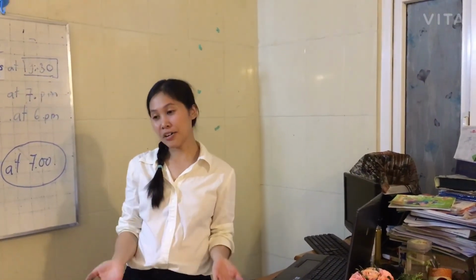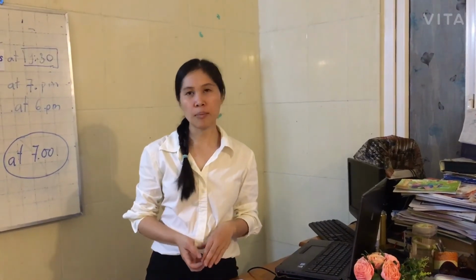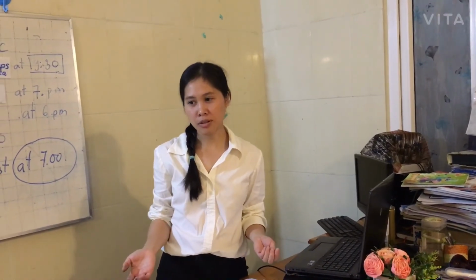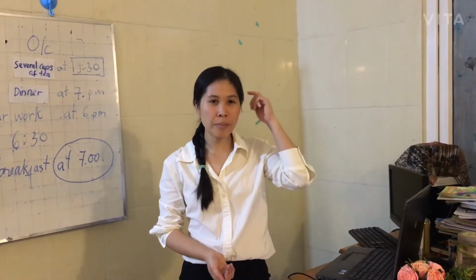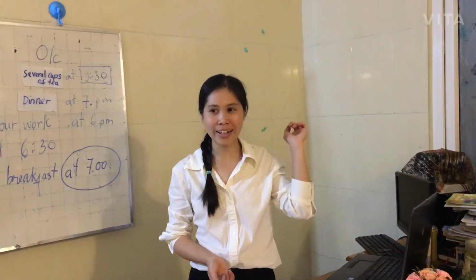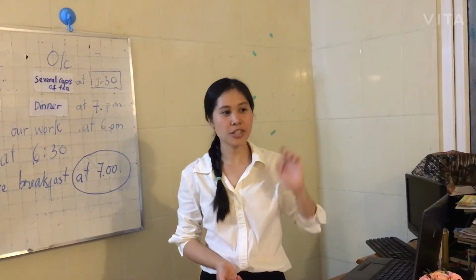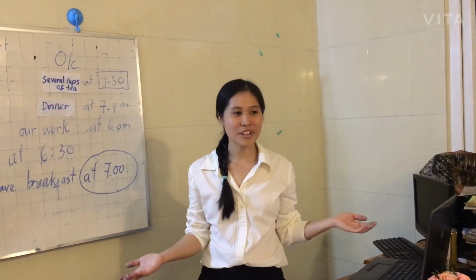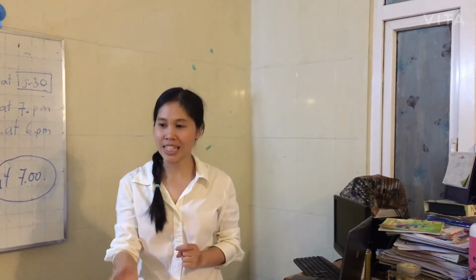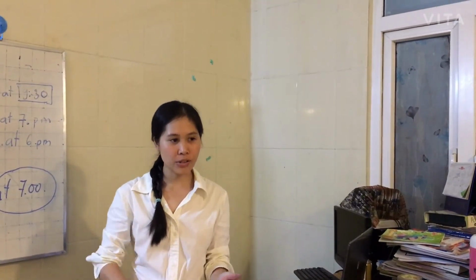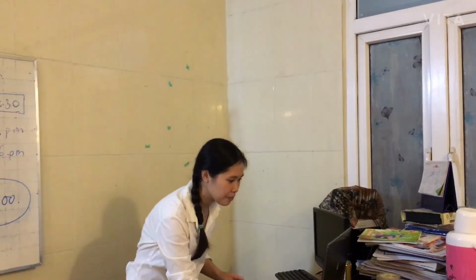How about Tuesday? I remember that I have a plan to visit my grandmother and grandfather. You give the excuse that you cannot go, and then you tell each other the daily routine. Okay, very good.